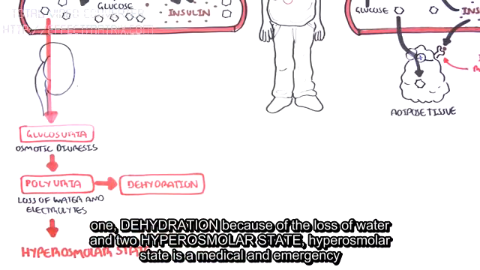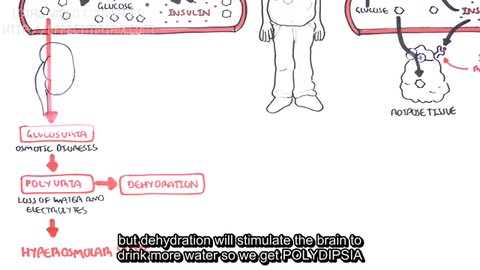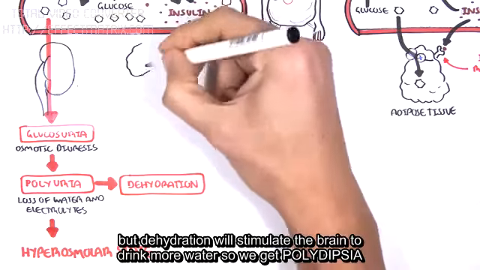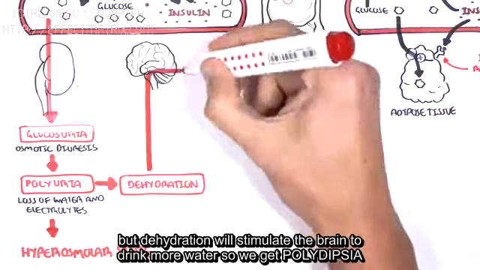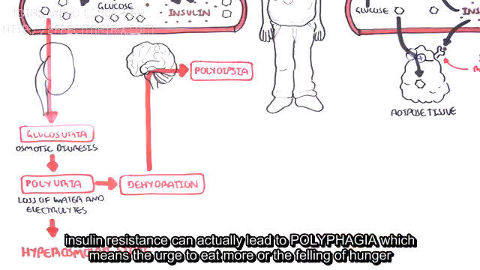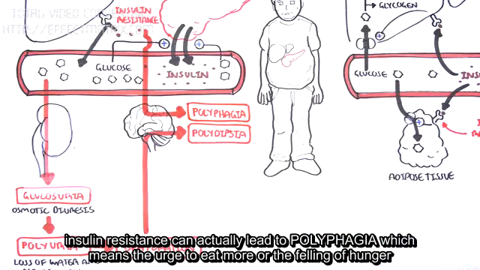Hyperosmolar state is a medical emergency which will not be really discussed here. The dehydration will stimulate the brain to drink more water, so we get polydipsia. Insulin resistance can actually lead to polyphagia, which means the urge to eat more or the feeling of hunger.